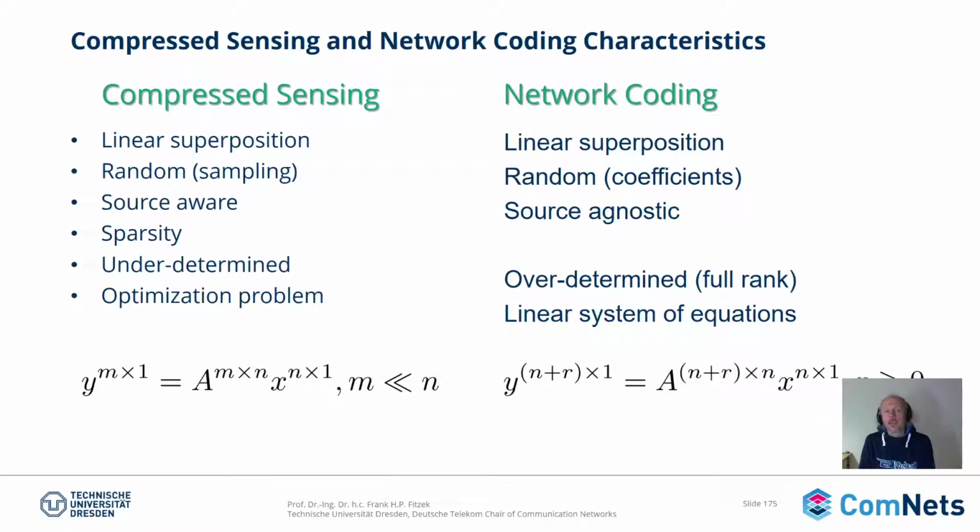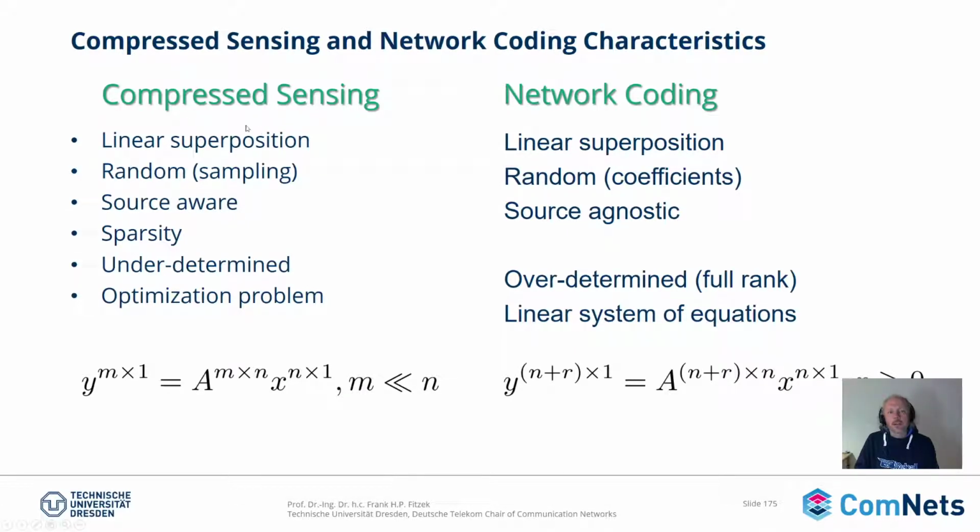Now, network coding is source agnostic, while compressed sensing is really looking into the source. In network coding, you need an overdetermined full-rank matrix and a linear system of equations. When you have enough of these equations, you can solve it. Compressed sensing can already work with underdetermined matrices. It's just an optimization problem.